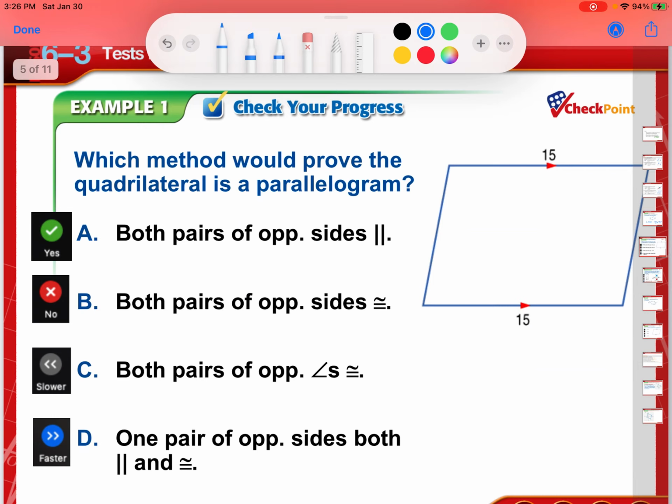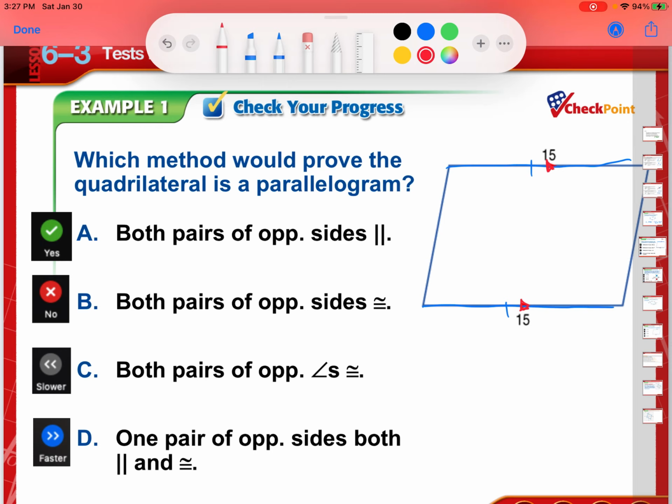All right, next one. By which method would you prove the quadrilateral is a parallelogram? In this case, they show us that the top and bottom are both the same length, both 15, and they are parallel, which they show by this little arrow here that I covered up with my blue line. We don't know that both pairs of opposite sides are congruent, and we don't know that both pairs of opposite angles are congruent.